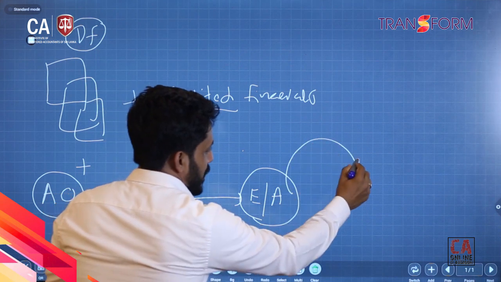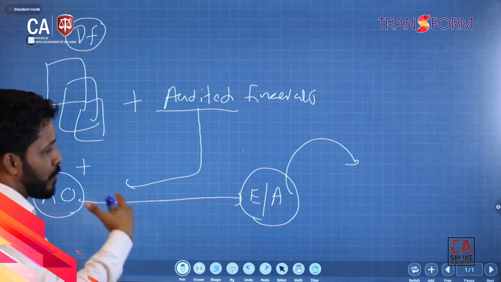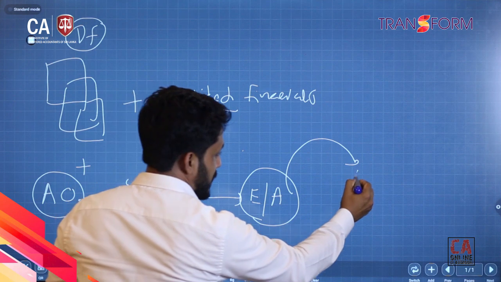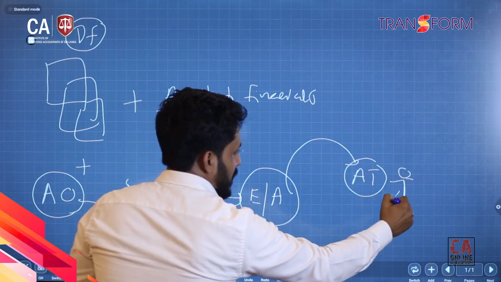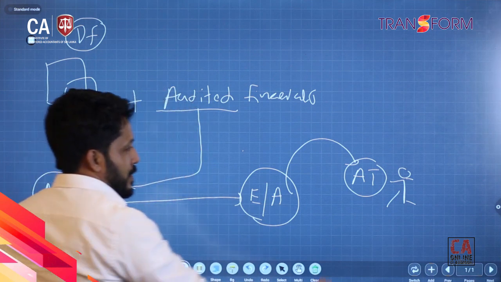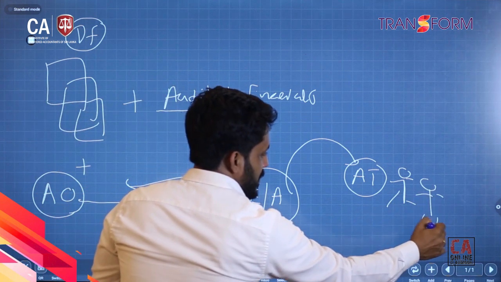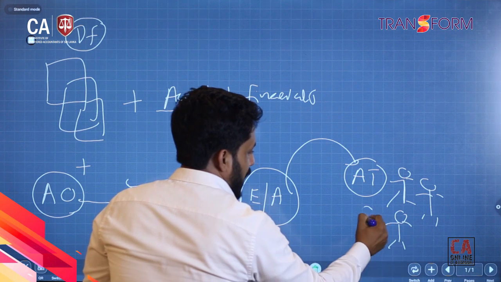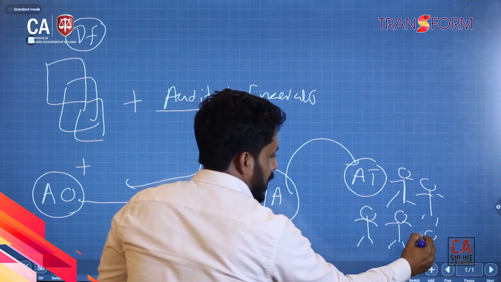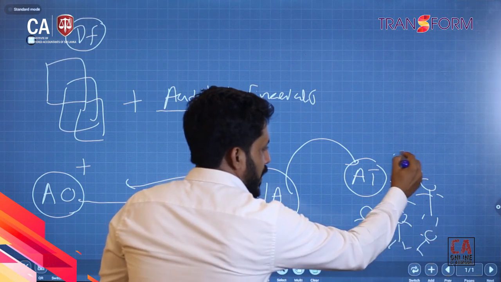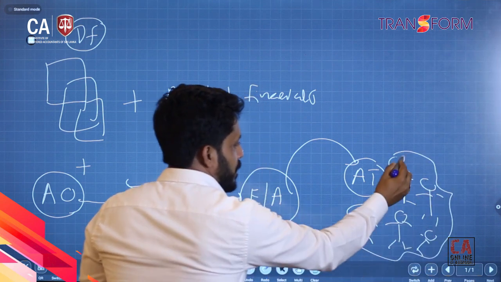As the audit firm or audit partner, he appointed the audit team. It consisted of the audit partner, audit seniors, right? And then experts, and then juniors, right? So the audit team was there.